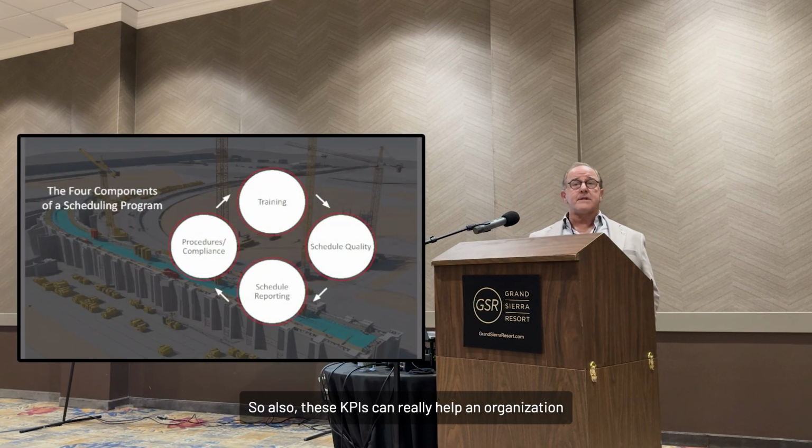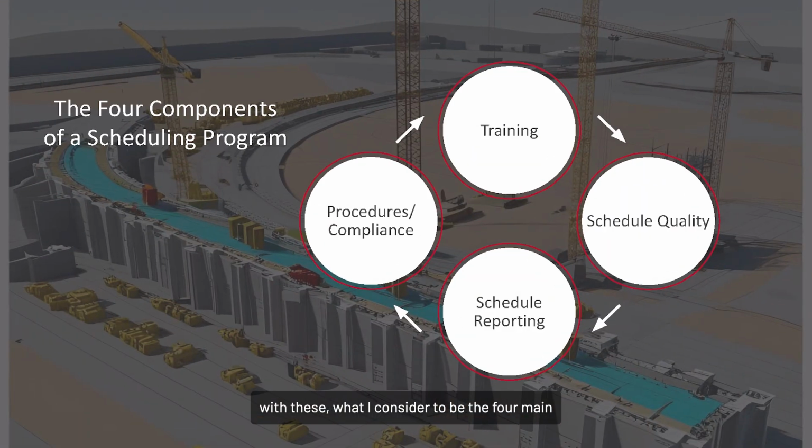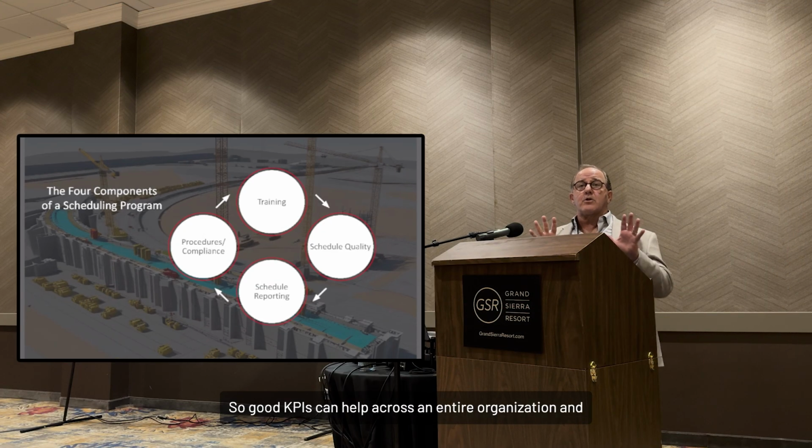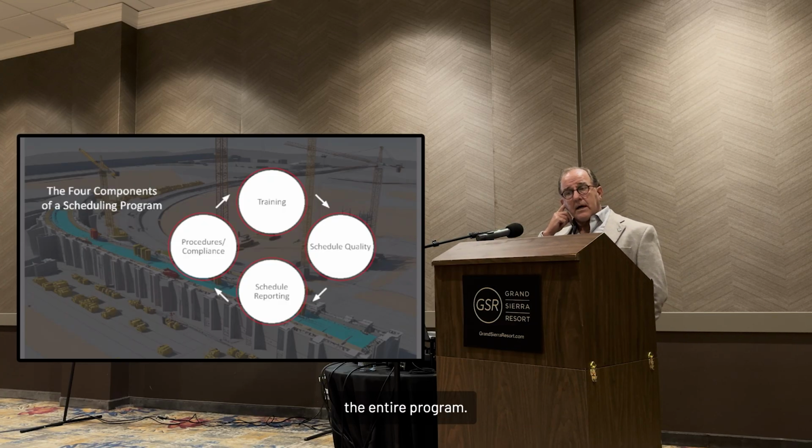So also, these KPIs can really help an organization with what I consider to be the four main components of an organization's scheduling program. Obviously, the training, the schedule quality control, the reporting tools from a scheduling program, and then compliance with procedures, right? So good KPIs can help across an entire organization and the entire program.